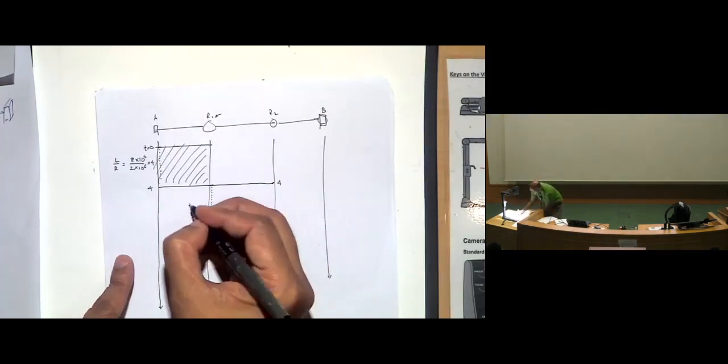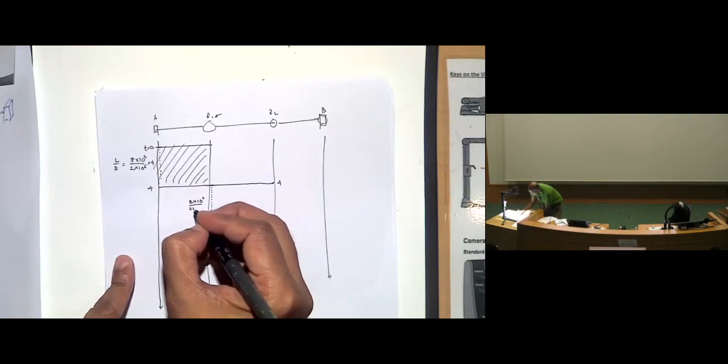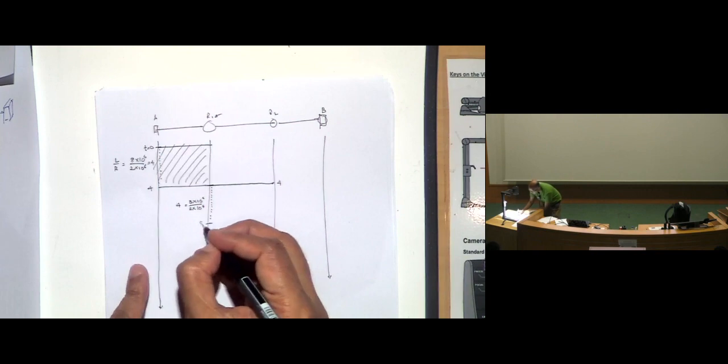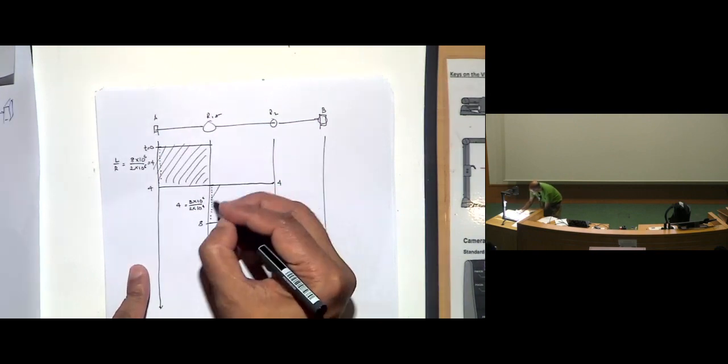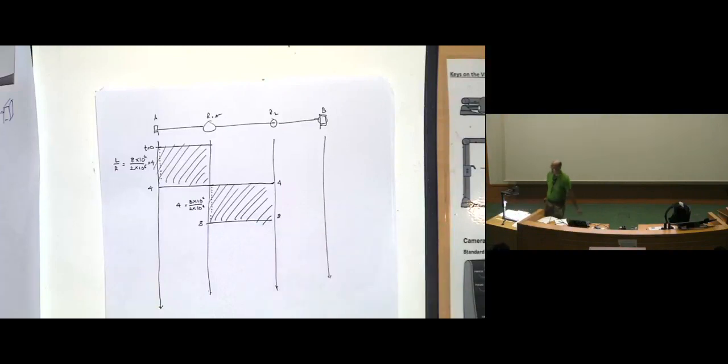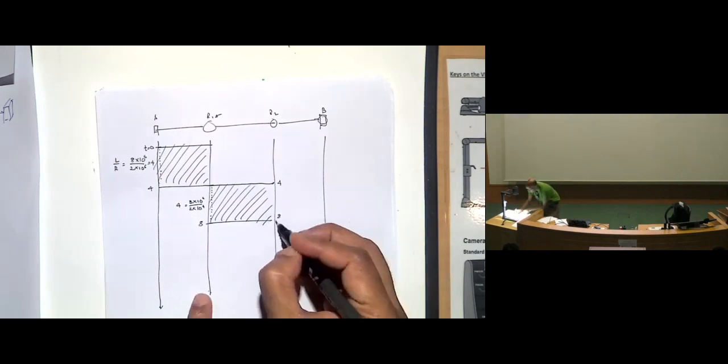How long? Again the same thing, 8 into 10 to the 6, divided by 2 into 10 to the 6. So this is also going to need 4 seconds. So at t equals 8, we will be done. And at 8 seconds, the packet has reached R2 completely. So now R2 can start forwarding it.